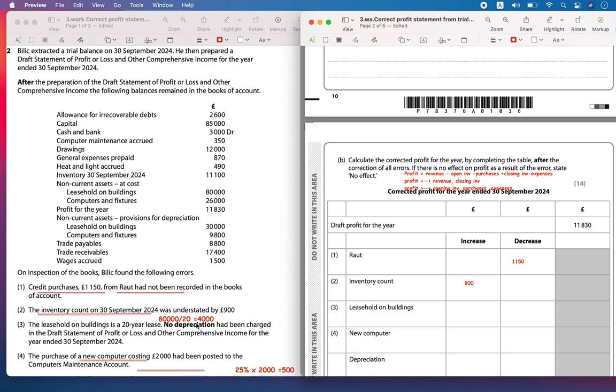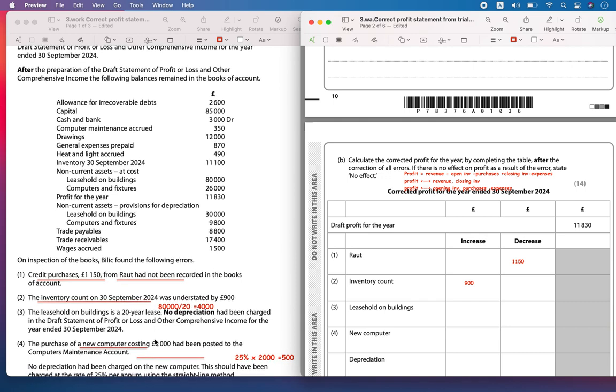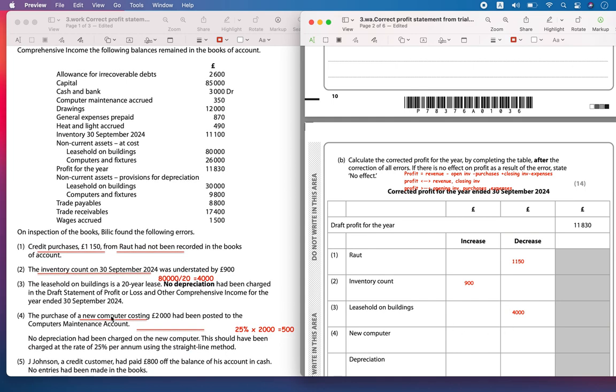Then there is a leasehold building. You will only include the depreciation cost. So this depreciation expense for the leasehold building is increasing. Any increase in depreciation expense of 4000 will cause a decrease in profit, so 4000 decrease. Then you have the new computer.